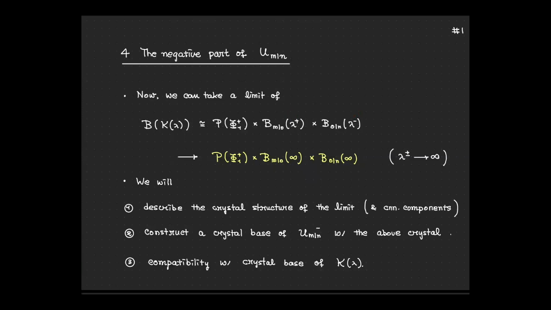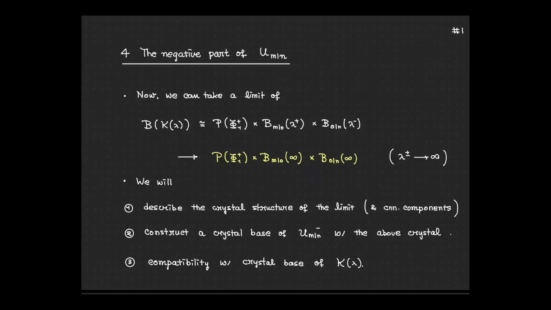It's already a well-known fact that the crystals for those finite types form a natural directed system, and then we can take a limit to get a crystal of the negative part.